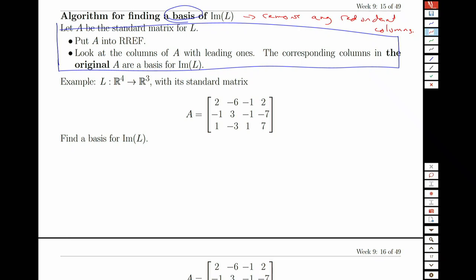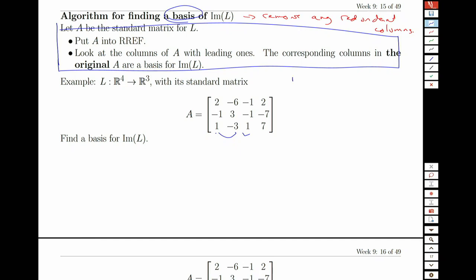The columns are great, but maybe some of them are extra. We don't need them in terms of places that we can reach with the image. And so when we get something like this, we're like, whoa, that's a 3-by-4 matrix, a little bit more complicated. How can we identify which columns are really required here to make a basis for where we're going in the output space?